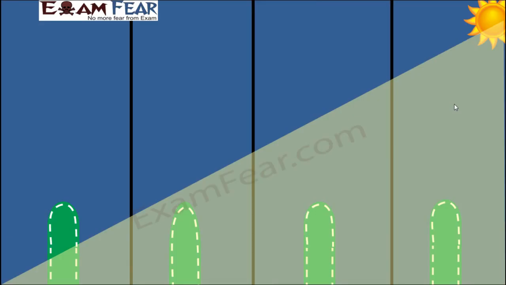So in his next set of experiments, what he did was, he cut the tip of the coleoptile. The tip of the shoot was cut. Okay, right? And then it was seen that it was growing straight up.